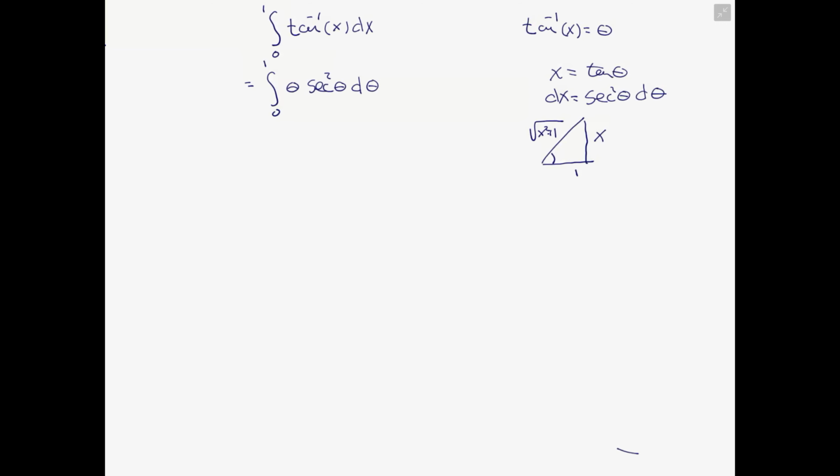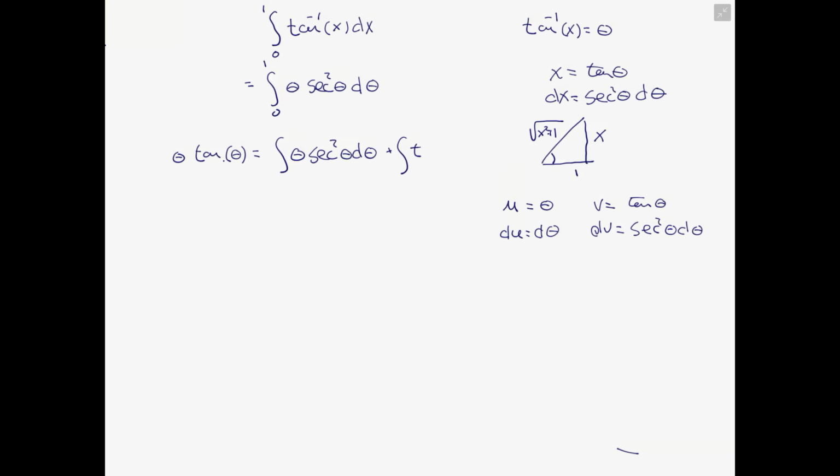We use uv, so u equals theta, v equals tangent theta, dv equals secant squared theta d theta, du equals d theta, and we have theta tangent theta equals theta secant squared theta d theta plus tangent theta d theta.